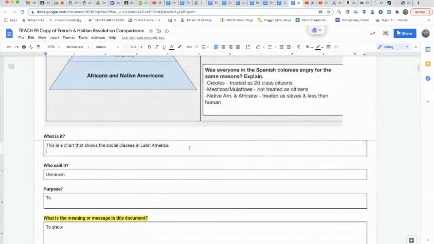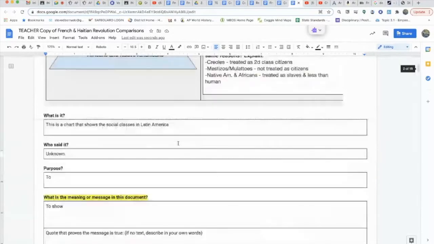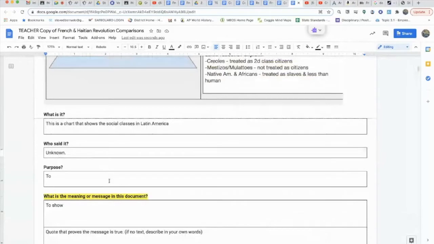And it reveals discontent and anger, right? That's really the purpose here. Okay, this is the chart. And then who said it? We don't have a source, so we just put unknown. Purpose, to reveal discontent, anger.